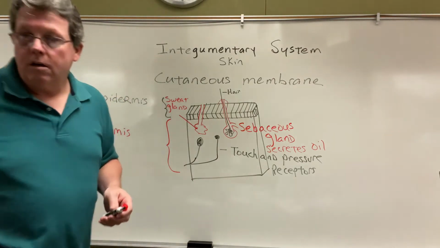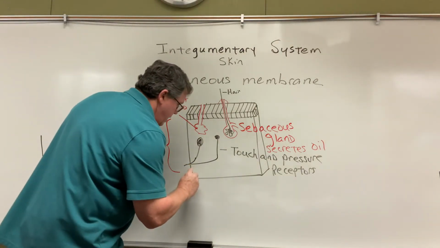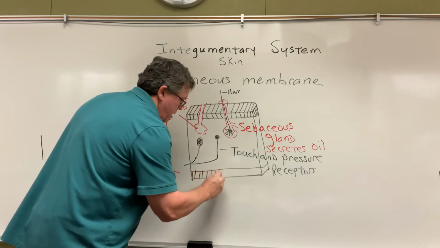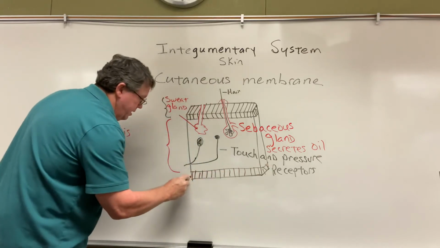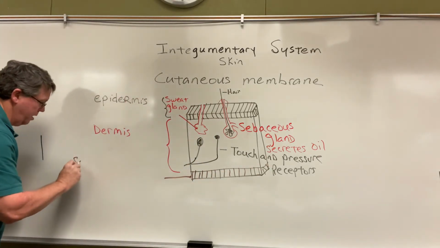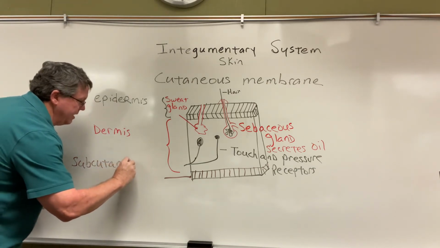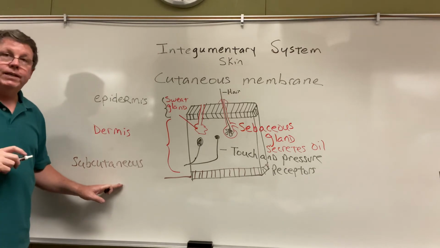Okay, and then on the bottom here, we are going to have a subcutaneous level. Okay, this is our subcutaneous level here. So subcutaneous, what does subcutaneous mean? It's basically under the skin. So this is my subcutaneous layer that's down here.